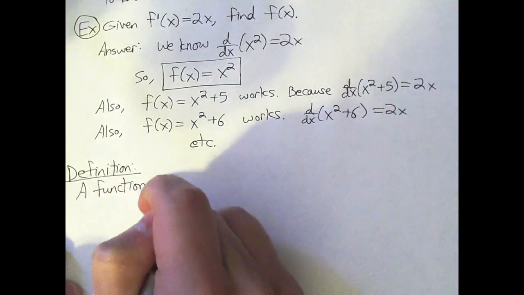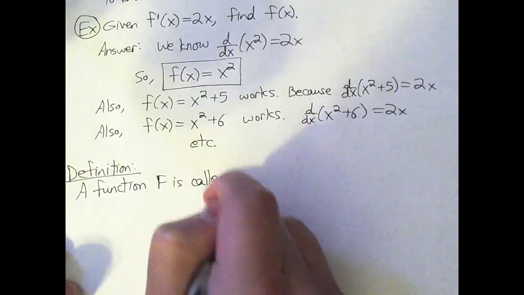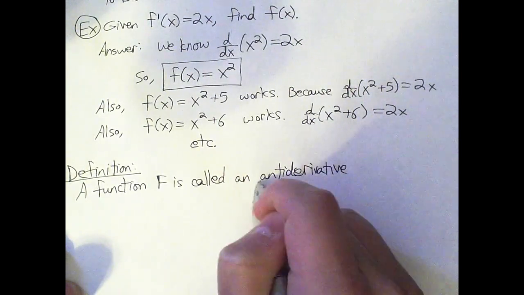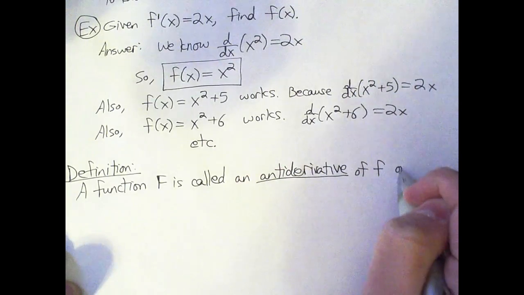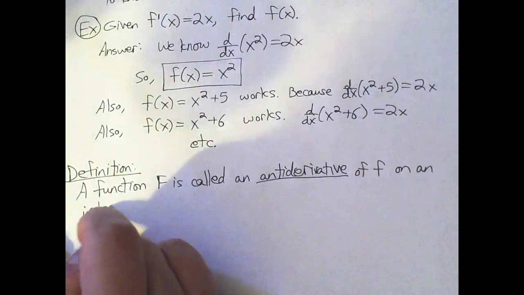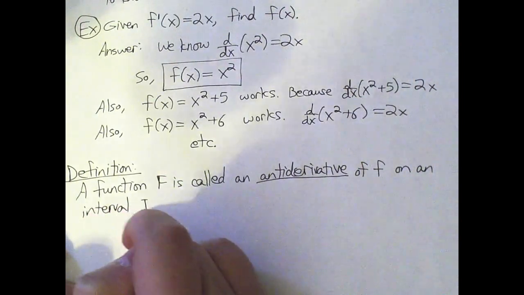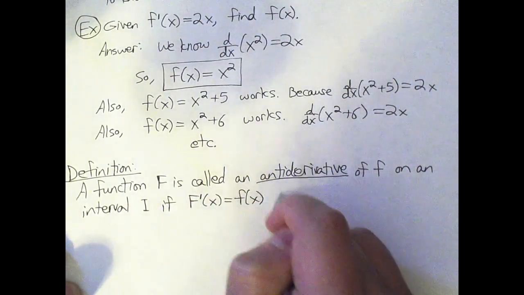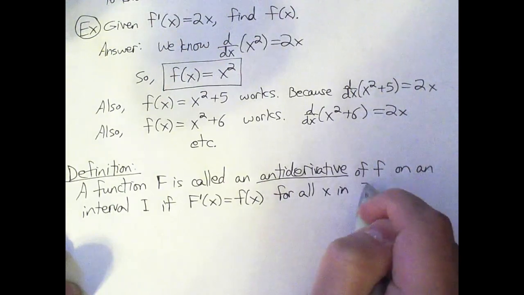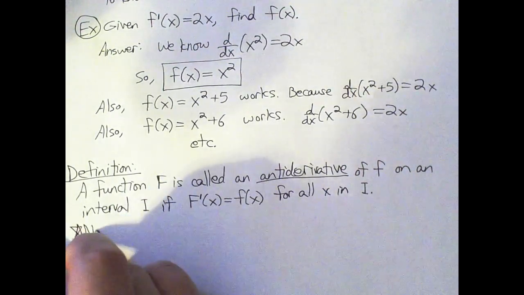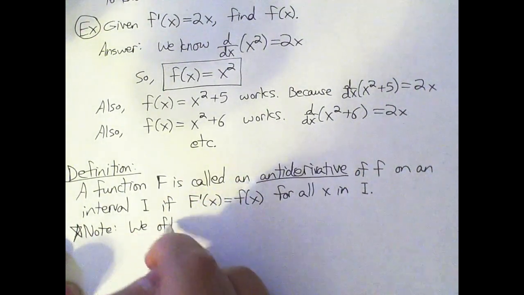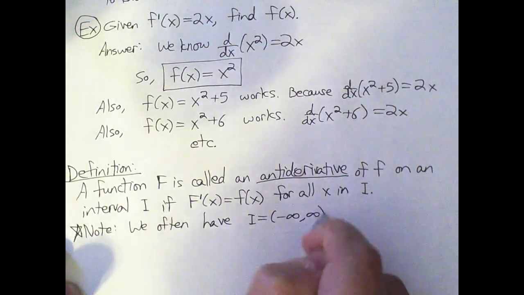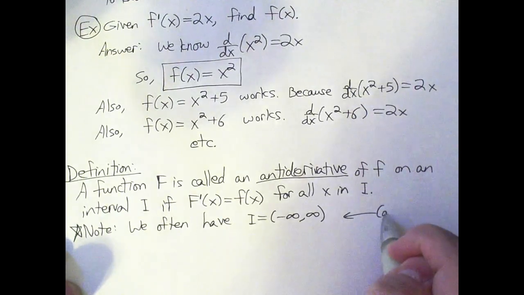A function capital F is called an antiderivative of lowercase f on an interval I if capital F prime of x equals lowercase f of x for all x in I. And I'll just say right now, note, we often have the interval being negative infinity to infinity, and that's often assumed.